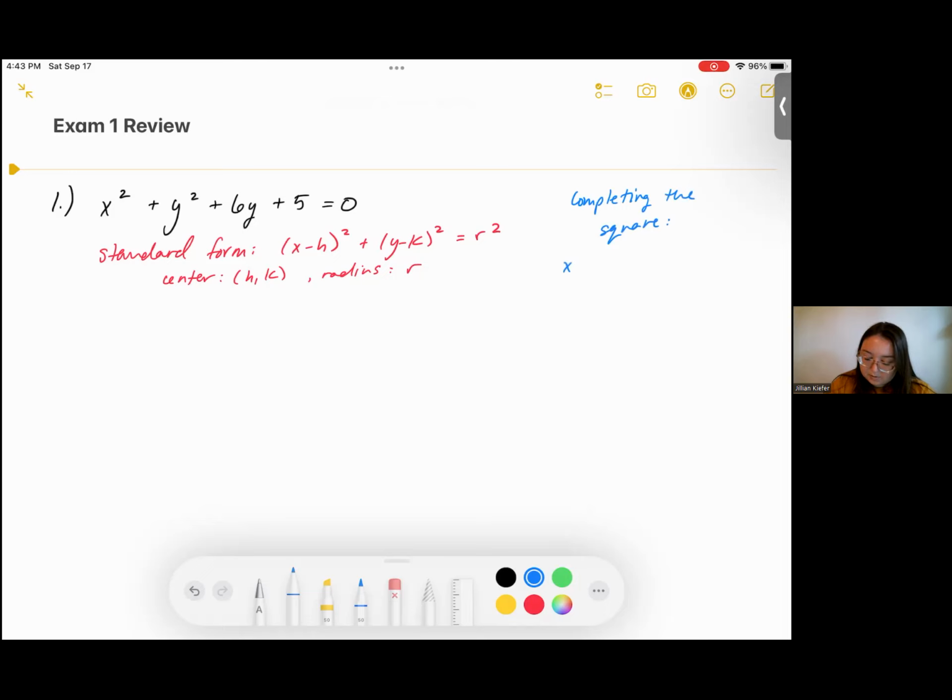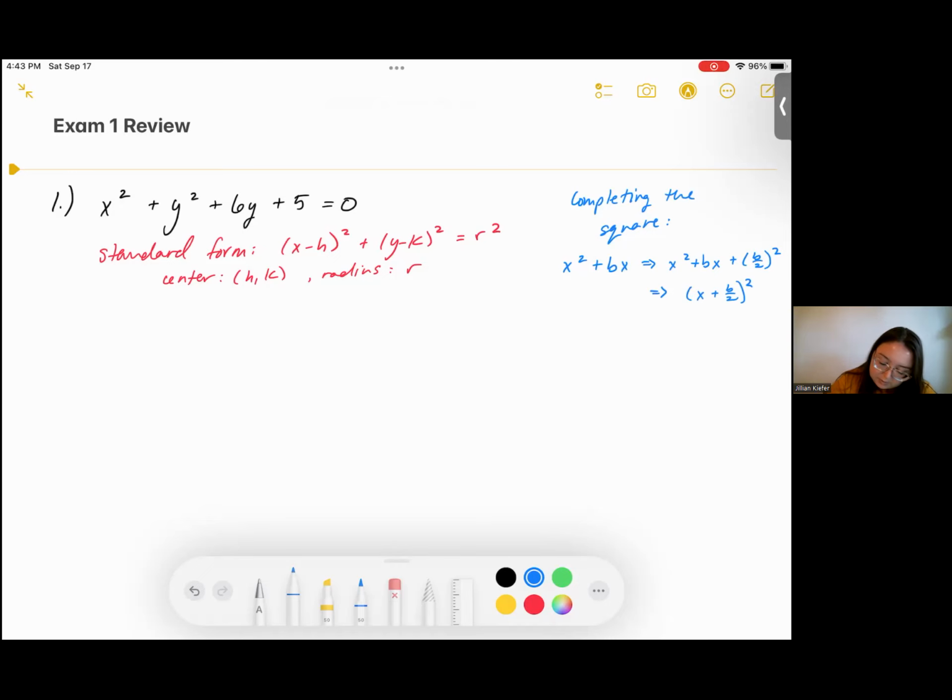takes us from something that looks like x squared plus bx, and x is just an example, it can be y as well. We could add a strategic constant, that constant being (b over 2) squared, which then factors into (x plus b over 2), that whole term squared.